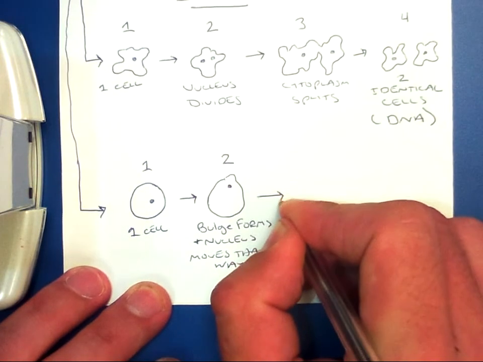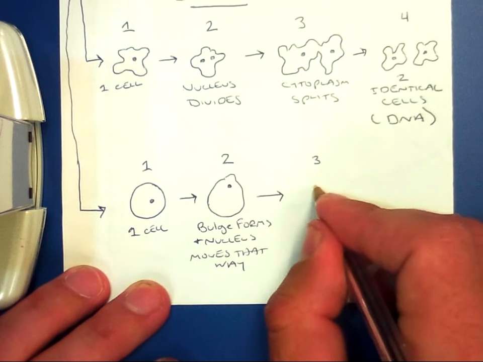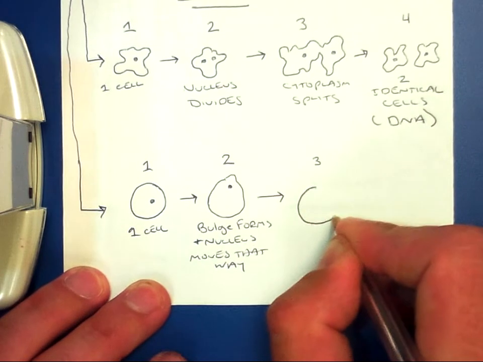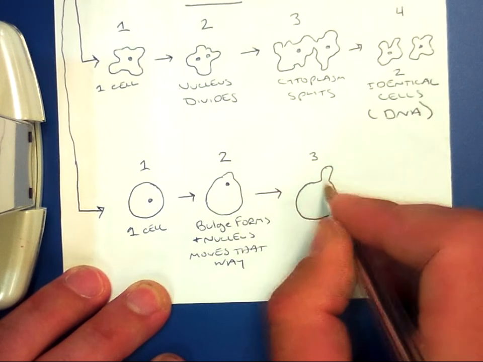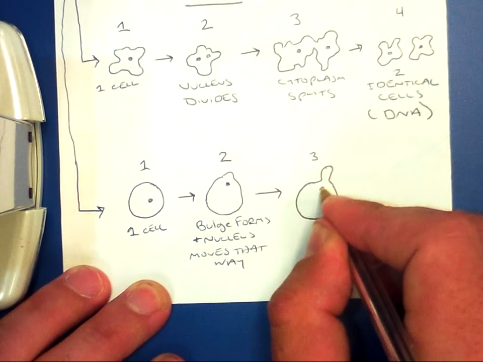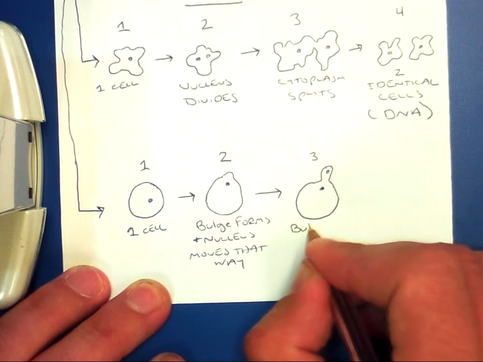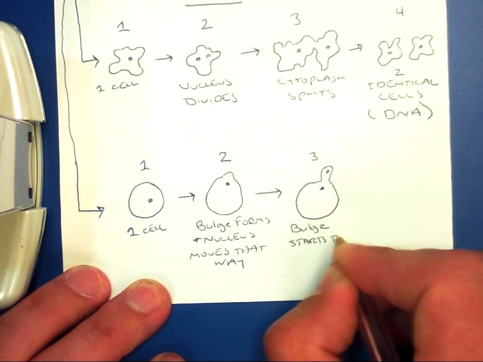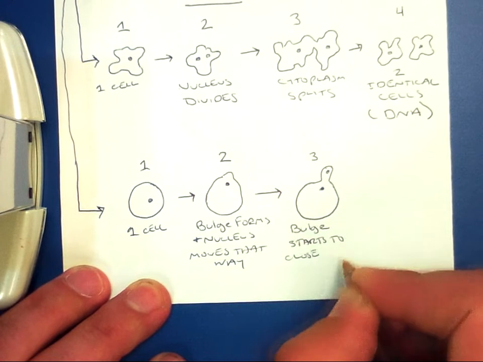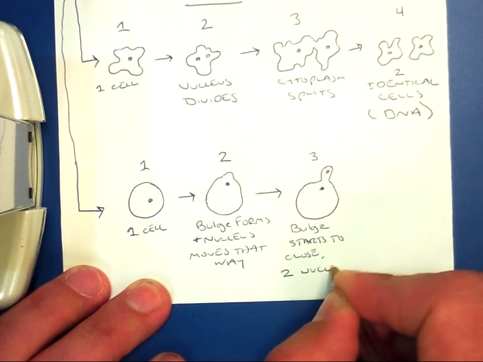Step 3, that bulge is going to get bigger, and your nucleus is also going to divide and copy itself. Okay, so you're going to have a little pocket start to form, and you have 2 nucleus. So bulge starts to close, and you have 2 nucleus, or nuclei.